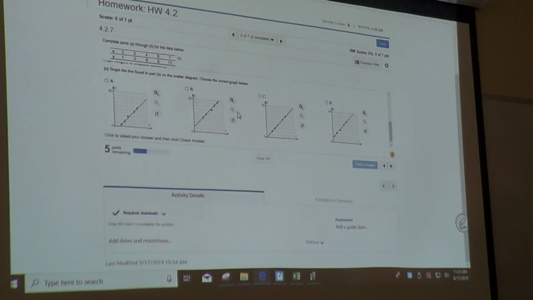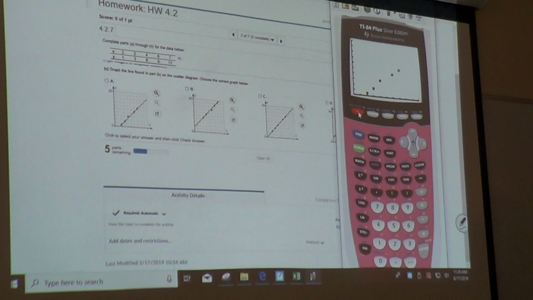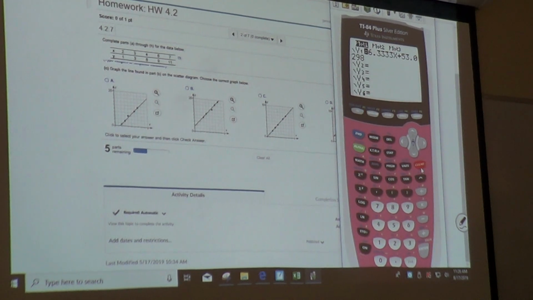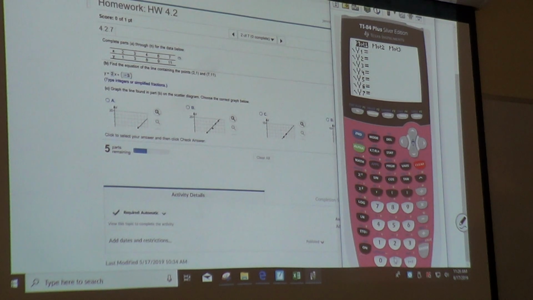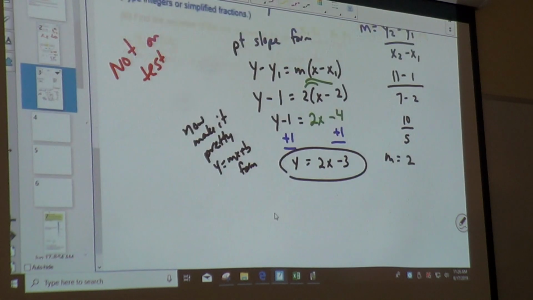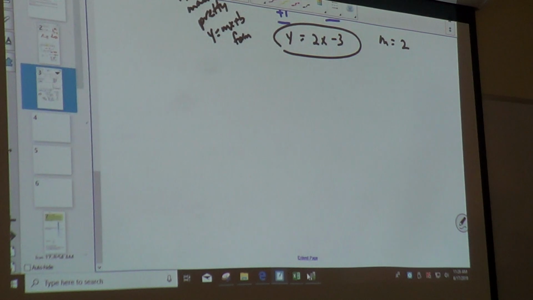Now, it says graph the line found in part B. So, when we go to my calculator, we're going to go to y equals, and we're going to graph the line that we just did, which was 2x plus a negative 3. So, I'm going to come over just to show you what I'm doing.